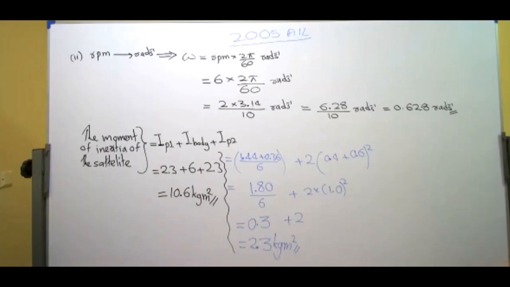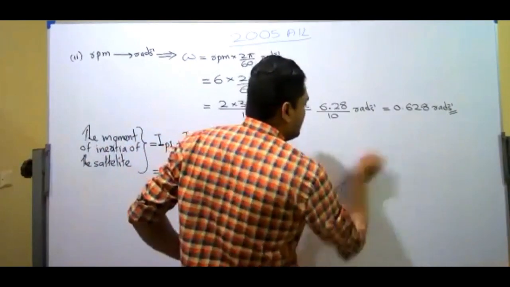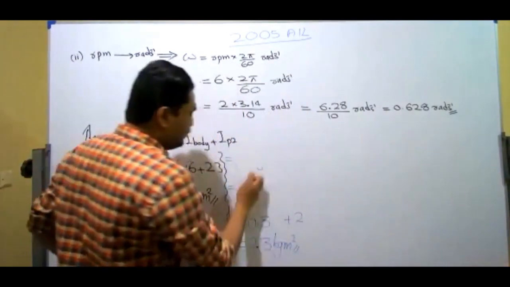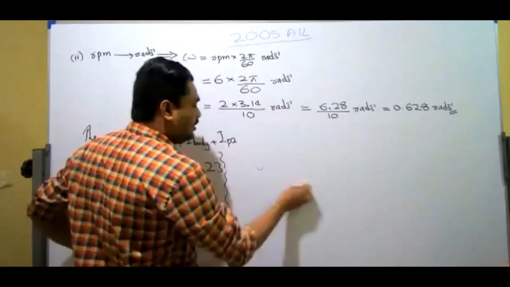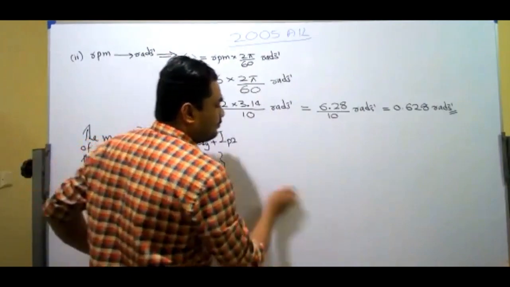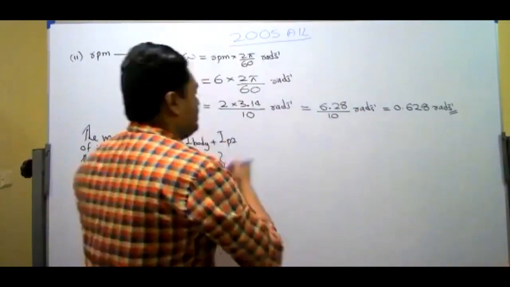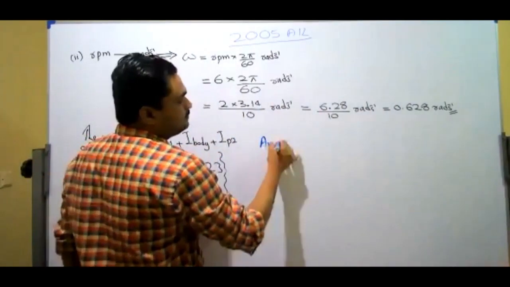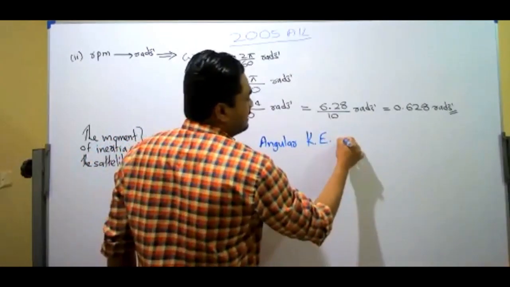Right, now let's calculate the angular kinetic energy of the satellite. Now it's so easy. Look at the board. Angular kinetic energy of the satellite.